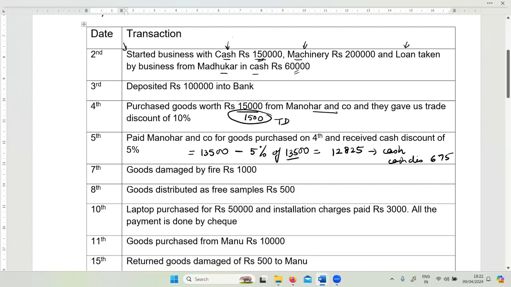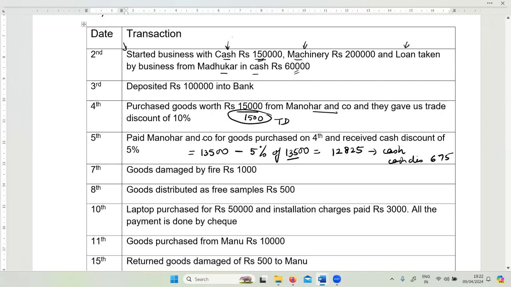So 13,500, on that I'm getting a 5% cash discount received. So that comes to 675. This I subtract from 13,500 and make the remainder of payment, which is 12,825. So what are the three accounts involved?